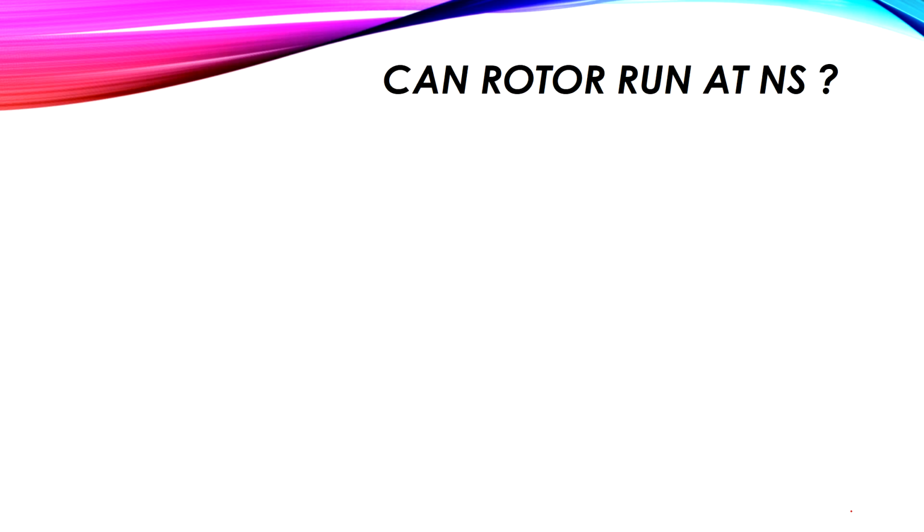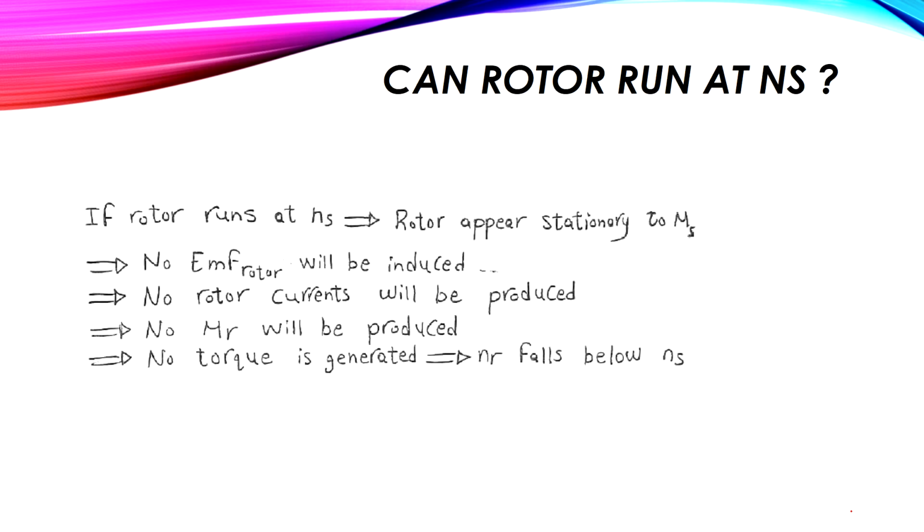So the question is, can the rotor run at ns? Can the rotor speed reach ns? The answer is no. Why? Because if the rotor rotates at ns, look at the rotating field of the stator: it is rotating at ns, and the rotor is also rotating at ns.